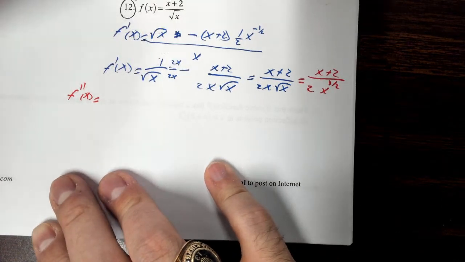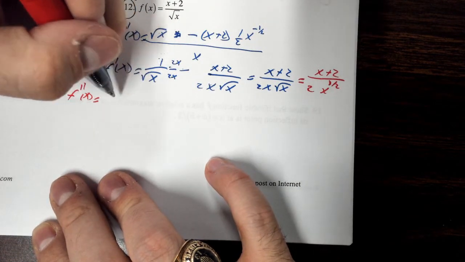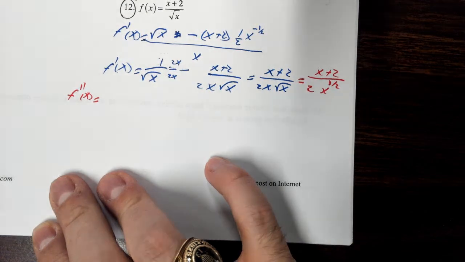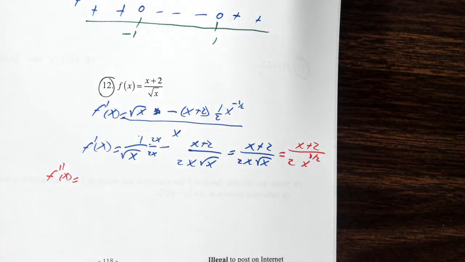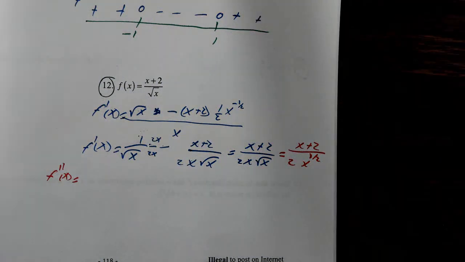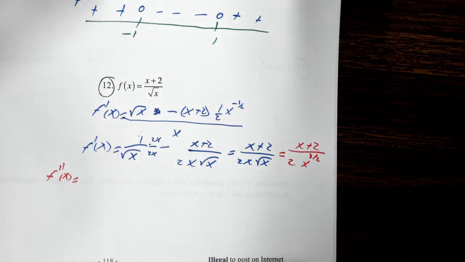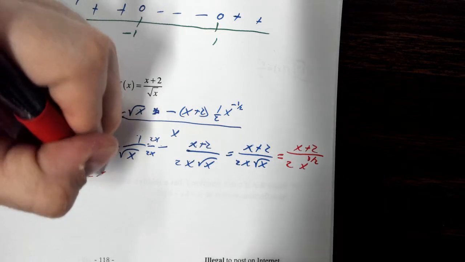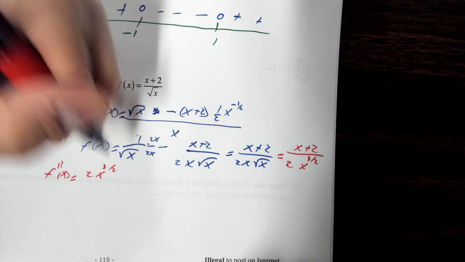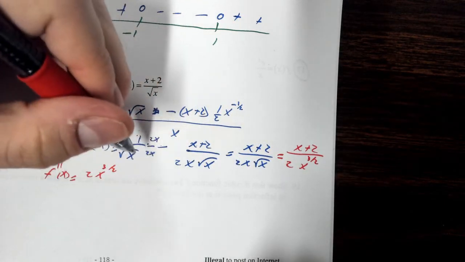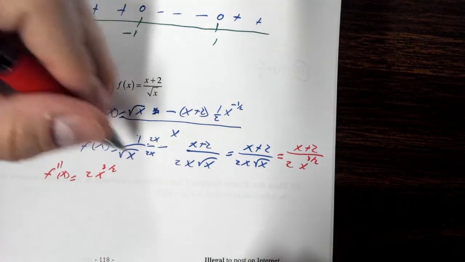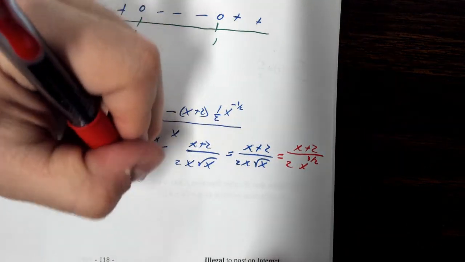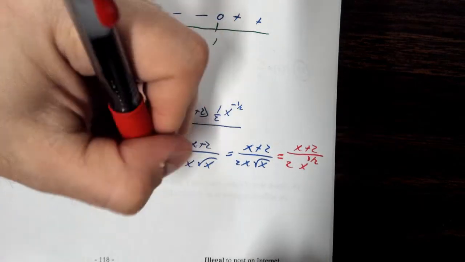Low d high, minus high d low, over the bottom squared. The low is 2x to the 3 halves, times the derivative of the top. The derivative of the top is just 1. Low d high. Minus high, x plus 2, d low.